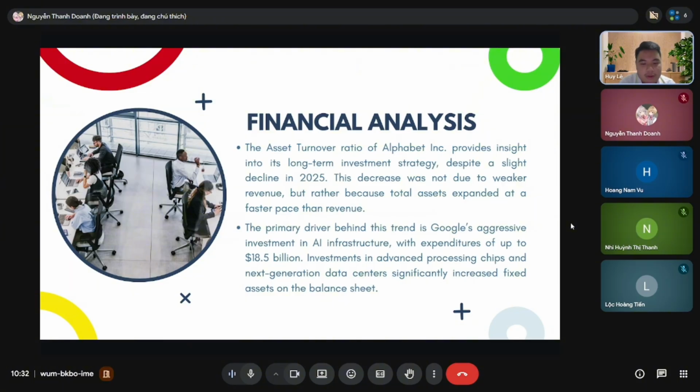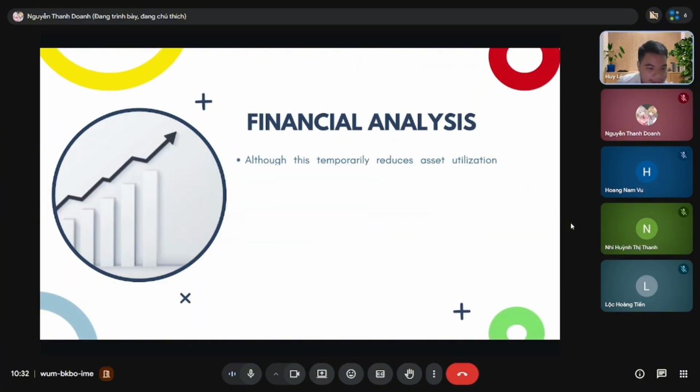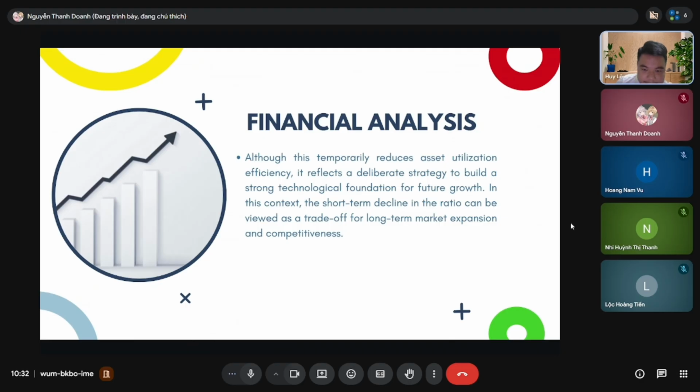The primary driver behind this trend is Google's aggressive investment in AI infrastructure, with expenditure of up to $18.5 billion. Advanced processing chips and next-generation data centers have significantly increased the fixed assets on the balance sheet. But is this all bad? Well, next slide we'll take a look at the reason why.